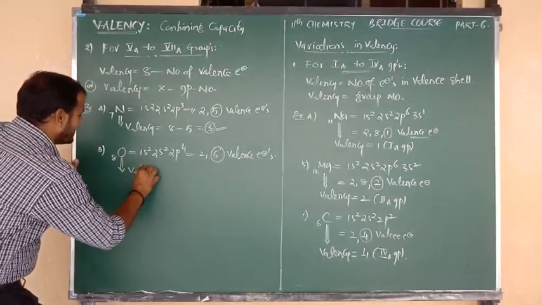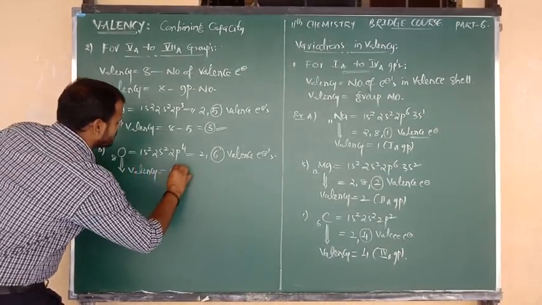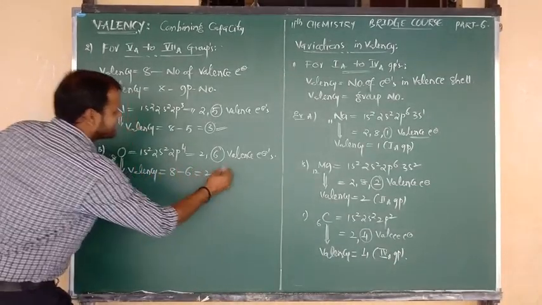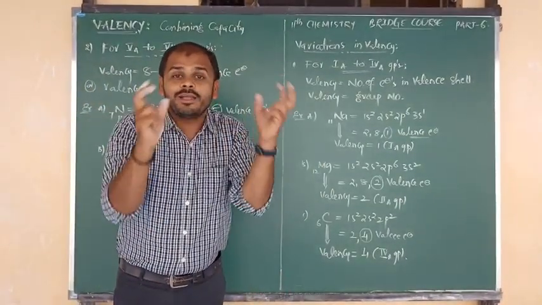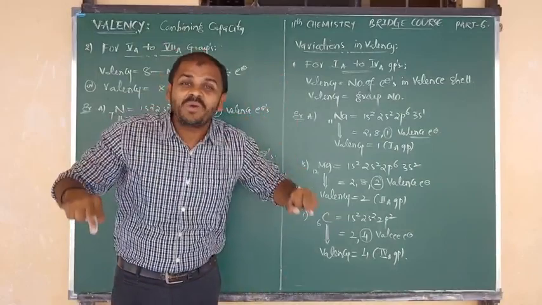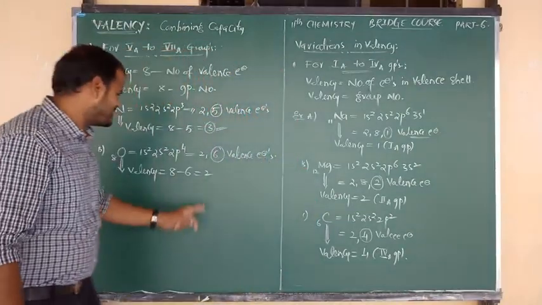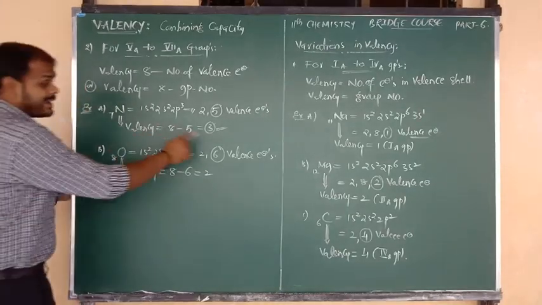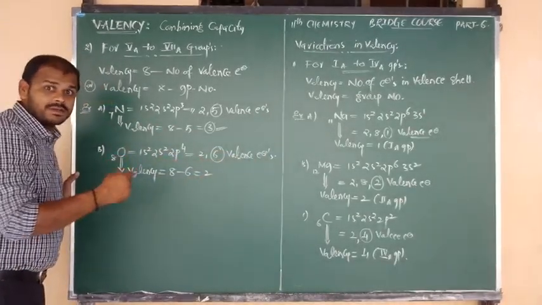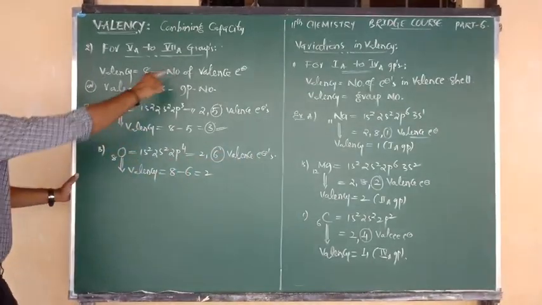So oxygen valency equals 8 minus 6, answer is 2. That's why I gave one example: water molecule H2O, O connected to 2 hydrogen, so combining capacity is 2, valency is 2. Oxygen contains 6 valency electrons, but valency is 2 as per formula.